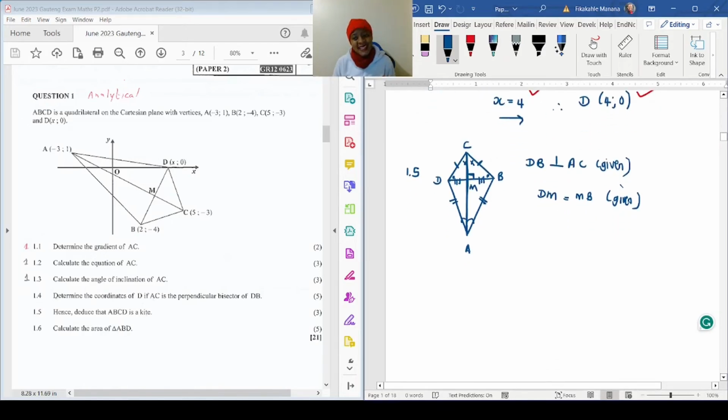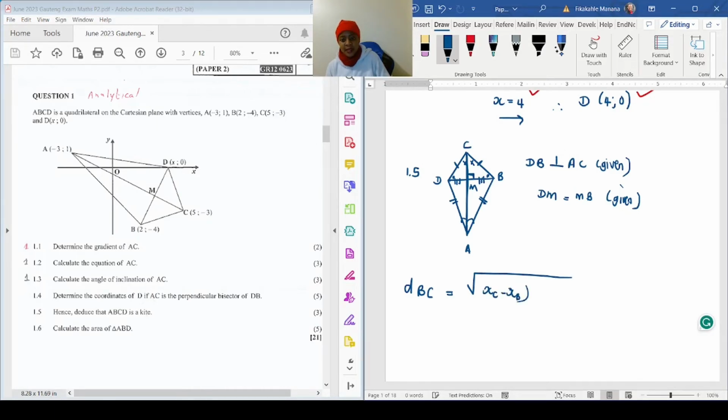And this is where you test if D is actually calculated correctly. Because if you didn't calculate it correctly, then the lengths are not going to be the same. So let's just go about it and say the distance BC is equal to the square root of xC minus xB, squared, plus yC minus yB, squared.